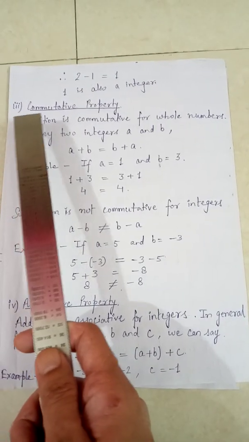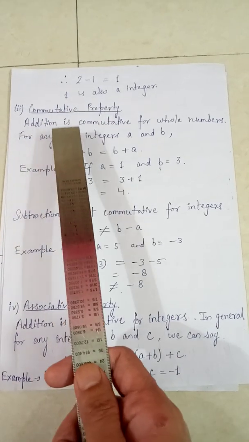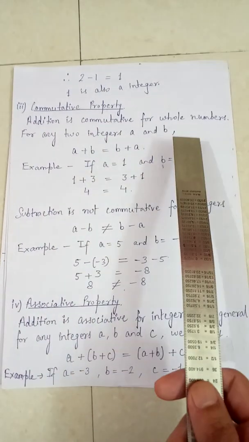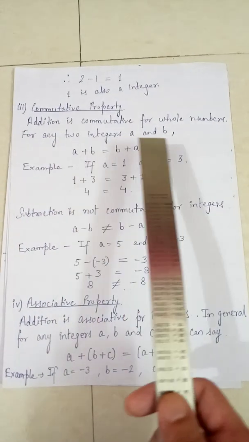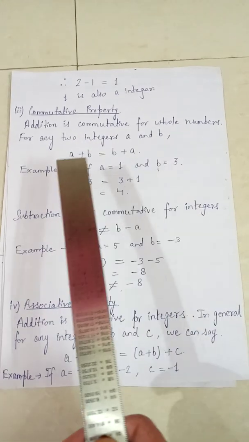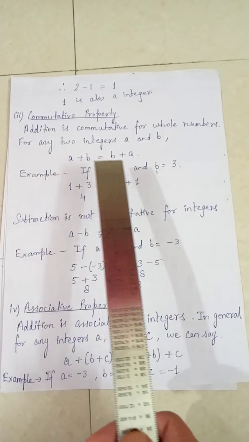The next subtopic is commutative property. Addition is commutative for integers. For any two integers a and b, the property is a plus b gives you b plus a.